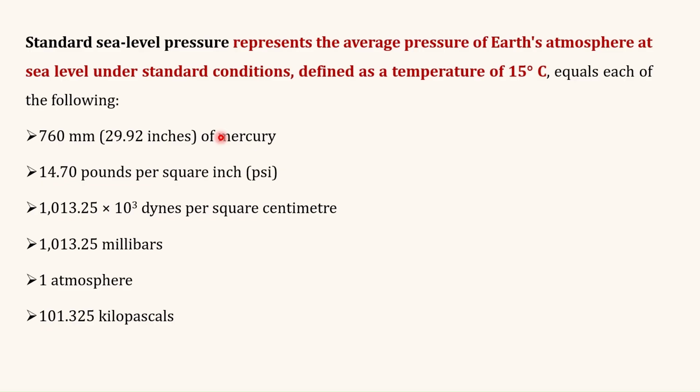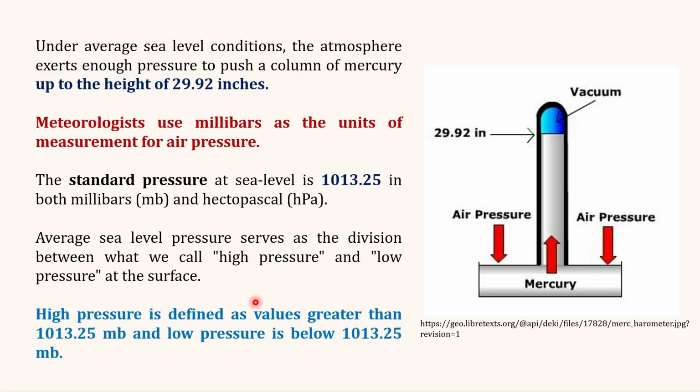There are different units in which sea level pressure can be reported, but meteorologists use millibars as the units of measurement for the air pressure, and the standard pressure at sea level is 1013.25 in both millibars and hectopascal. And this value 1013.25 millibars serves as the division between high pressure and low pressure at the earth surface.